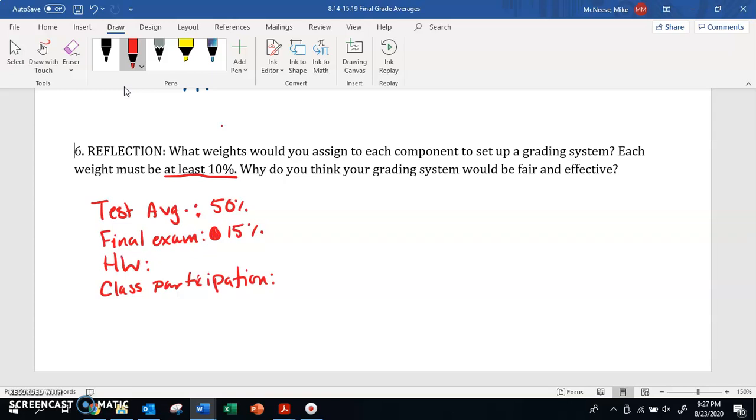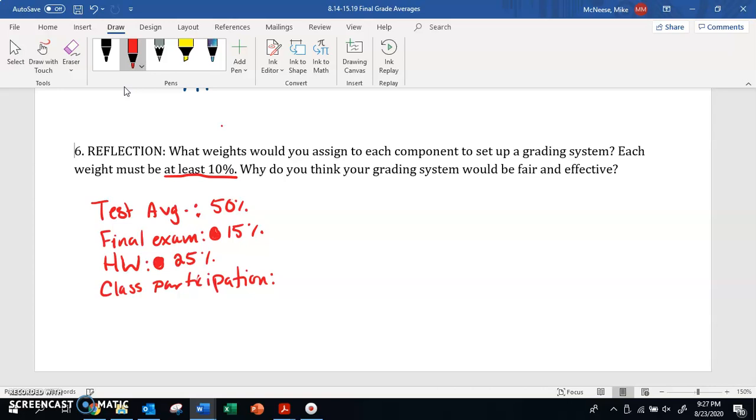Homework, though it doesn't cover as much material as tests do, I still think that it's a daily occurring or semi-regularly occurring thing or activity. I think they should hold at least some weight. So I'll say that, I keep wanting to do decimals. I'm going to say that homework would be 25%. And then the last thing is class participation.